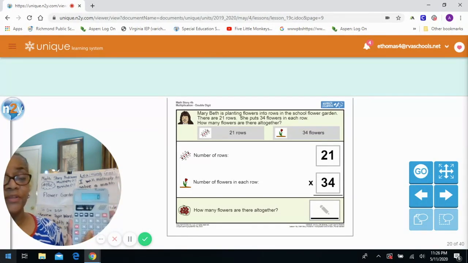We'll put the top number in, 21. And what are we doing? Are we adding, dividing, or multiplying? We are multiplying. So which one are you going to use, the one with the 2 dots or the one with the X? The X. Times 34. And to solve it and get your answer, we use the 2 lines, the equal sign.